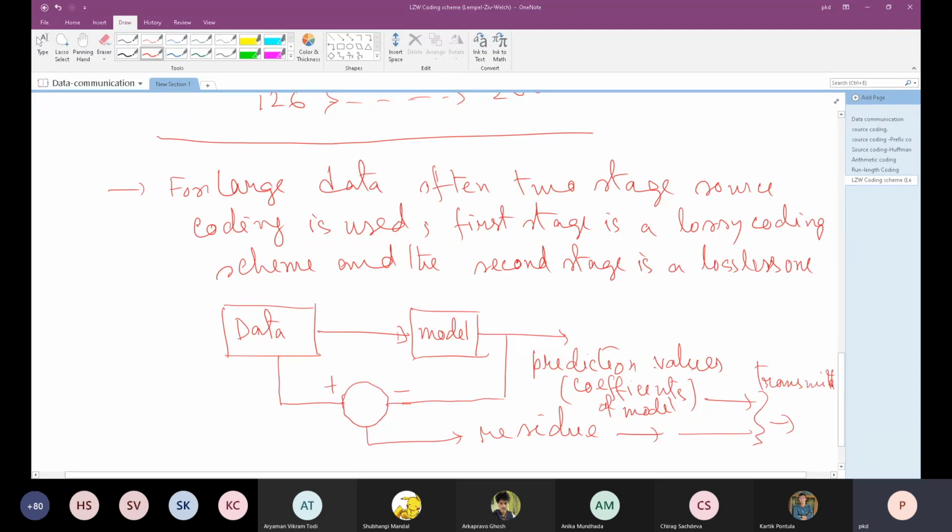Of course, these can be coded further, the residue and the coefficients of the model. At the receiving end, we have both the residue or the error and the prediction values, so we can reconstruct the data. So this gives much more efficient coding schemes with this two-stage model.